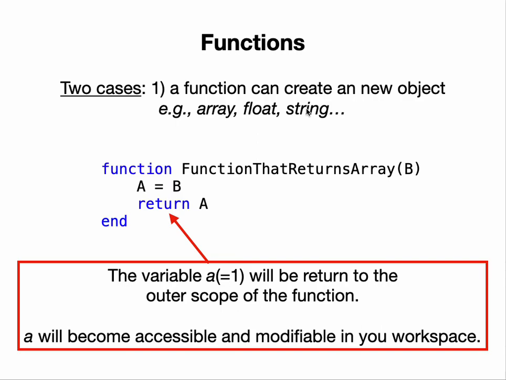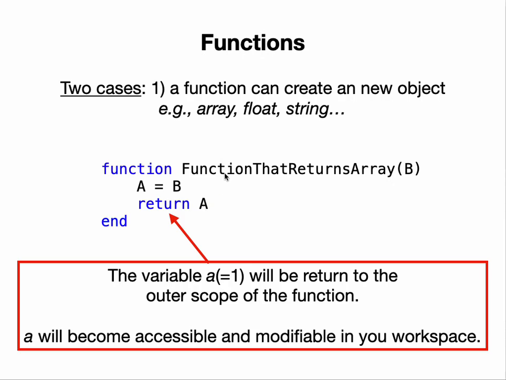So here we will consider a function that will create object A and that will return A to the outer scope of the function. So what does it mean?